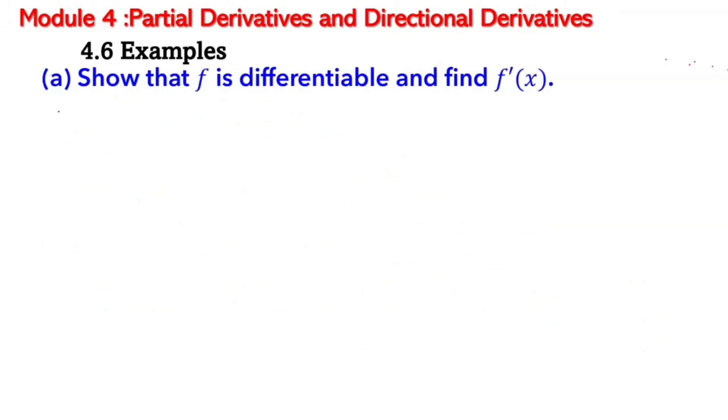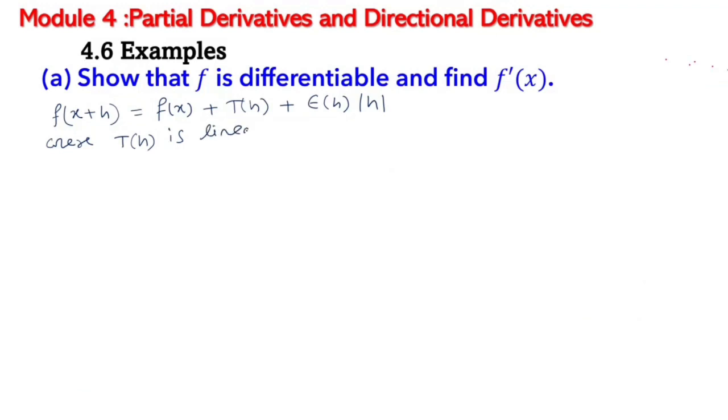So we recall the definition of differentiability. For that we will write f of x plus h is equal to f of x plus th plus epsilon h times the absolute value of h, where t is linear and epsilon h tends to 0 as the absolute value of h tends to 0.